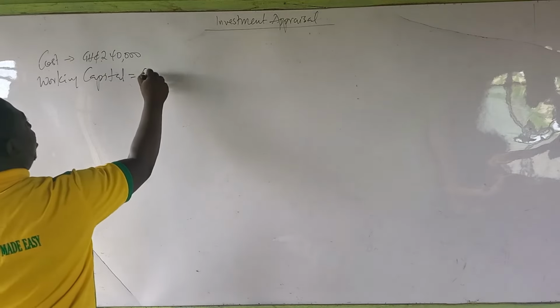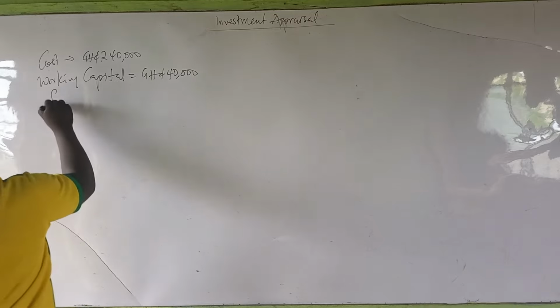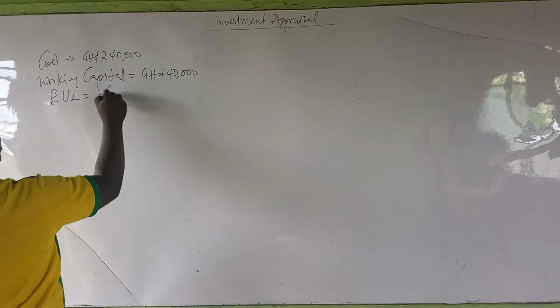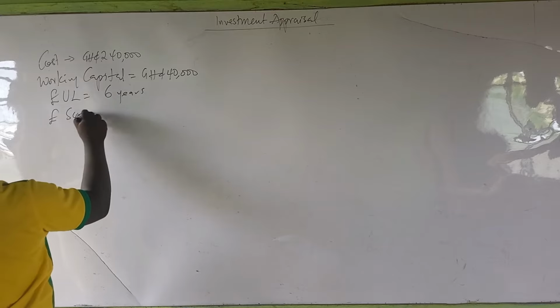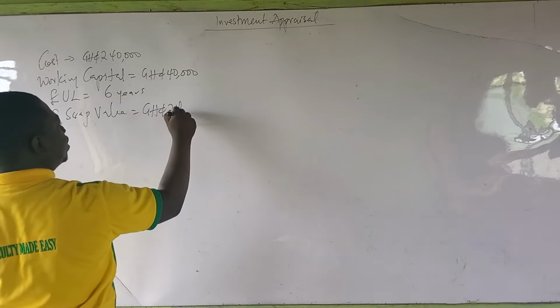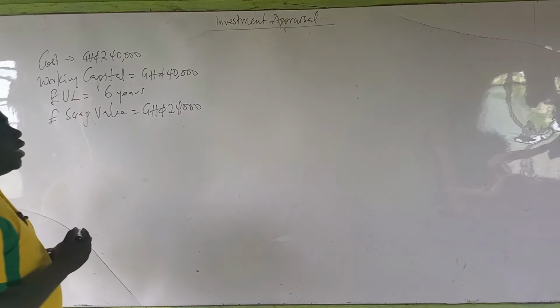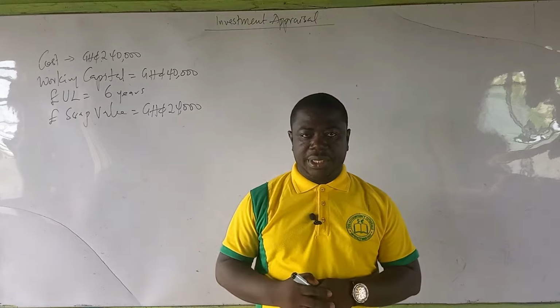And the working capital investment is also going to be 40,000. The estimated useful life of the project is 6 years. And there is an estimated scrap value at the end of 24,000 Ghana cedis. So these are the key things that we have listed down from the question.